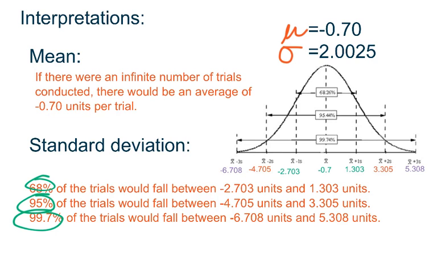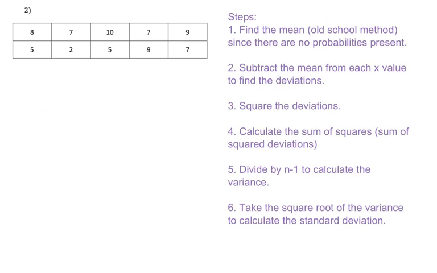If we were talking about money on hand here, we found the probabilities of each of the amount of money on hand, or something along those lines, how much money you could win, whatever. You would say that 68% of all the people would fall between losing $2.70 and winning $1.30. Just make sure you put it in terms of the context that you're dealing with. Make sure that you know how to interpret each of these.